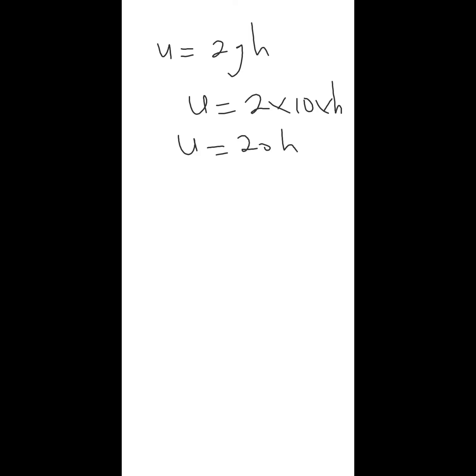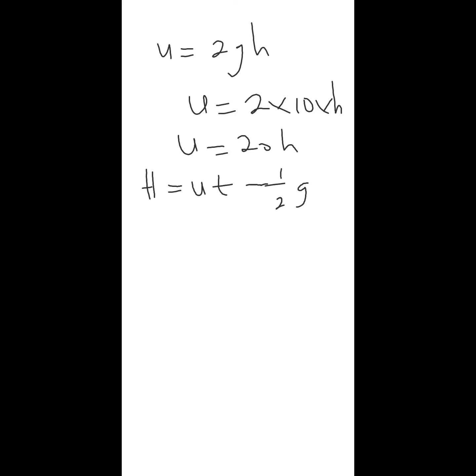Now, I will go back to the previous one where I have that h is equal to ut minus half gt squared. Half gt squared is not 2gt, it's minus half gt squared.